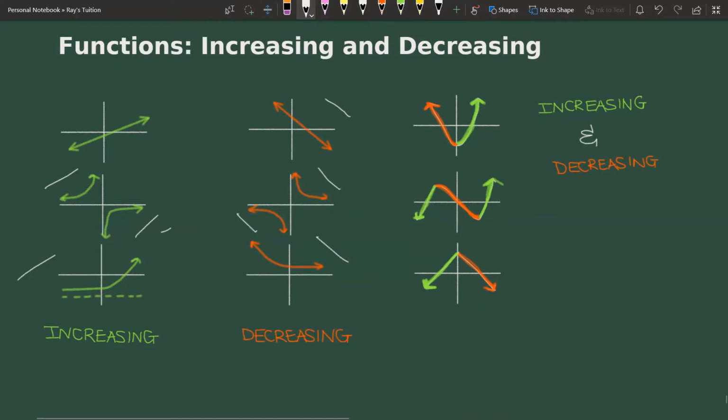The third group of functions we have here both increase and decrease. So the first one is a parabola, and a parabola always has an increasing part and a decreasing part.